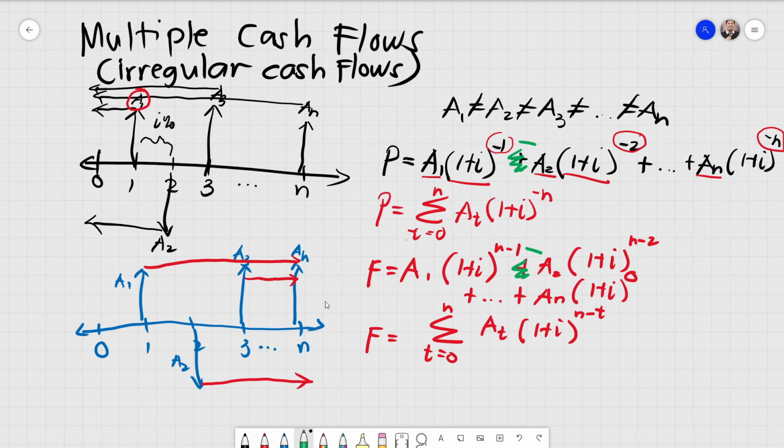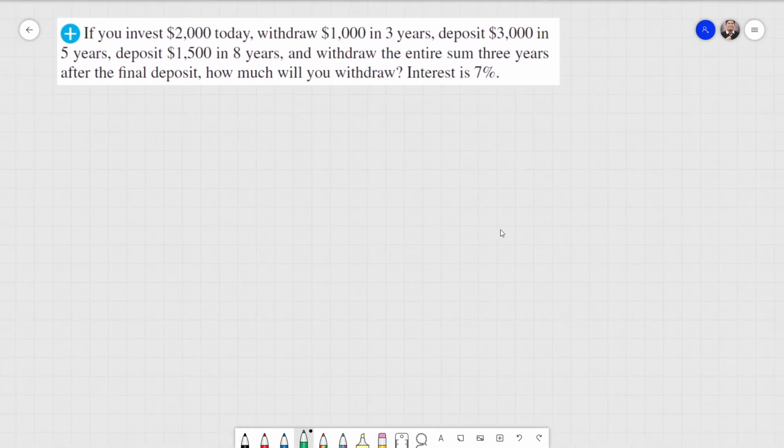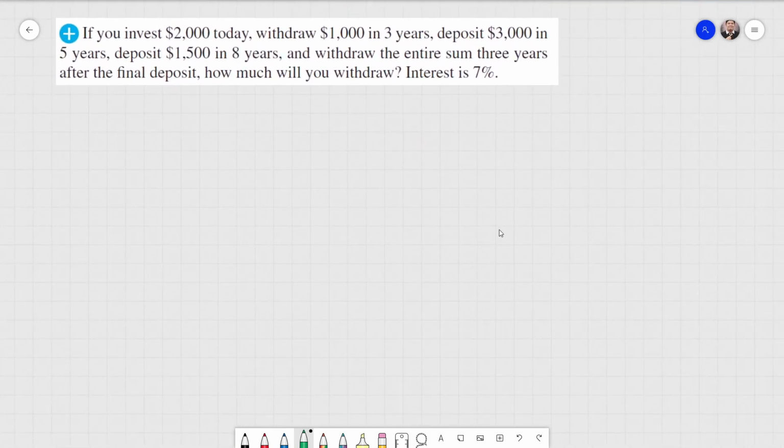Okay, so we proceed to solving the first problem. So we have this problem here. If you invest $2,000 today, withdraw $1,000 in 3 years, deposit $3,000 in 5 years, and deposit another $1,500 in 8 years, and withdraw the entire sum 3 years after the final deposit, how much will you withdraw?